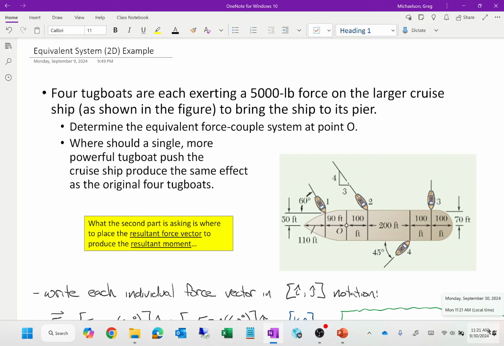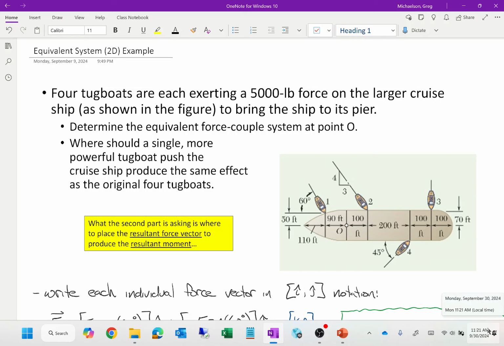Negative 90. How about the y-axis? Is it 70? Now hold on, look right here. 70 is on the top, but force 1 isn't quite on the top. So it's 70 feet here, but there it's 50, right? So this is going to be 50j. Does that make sense?